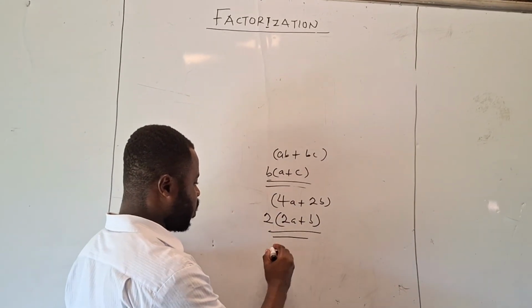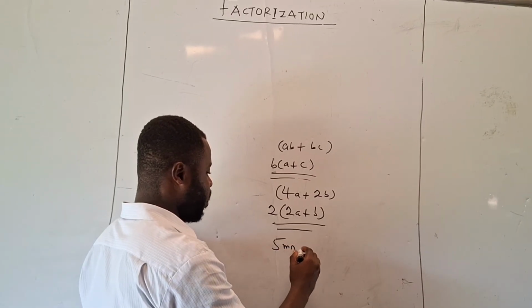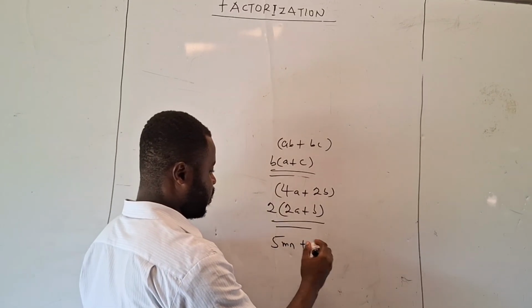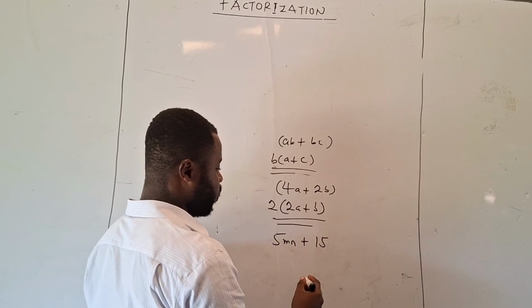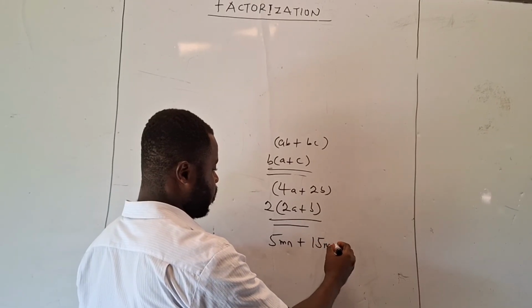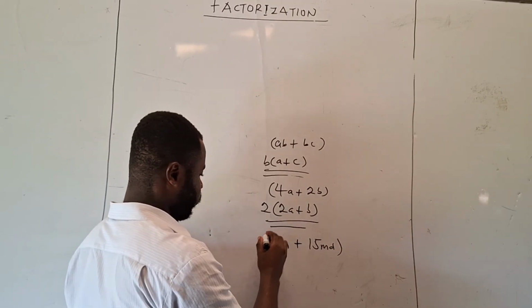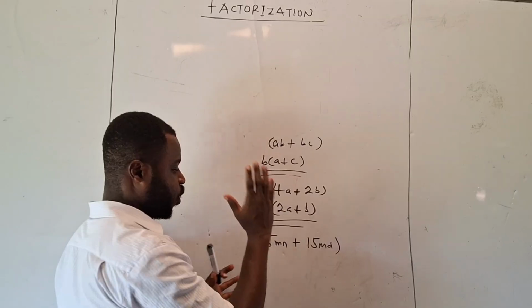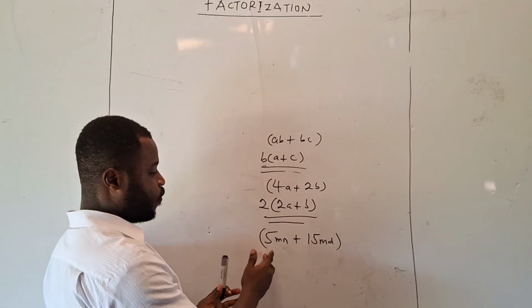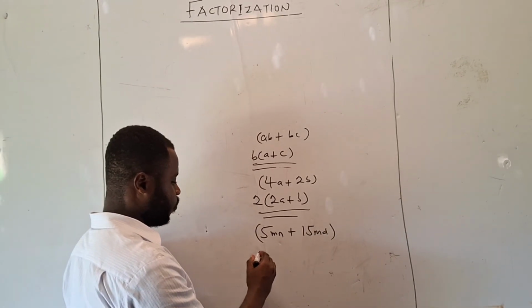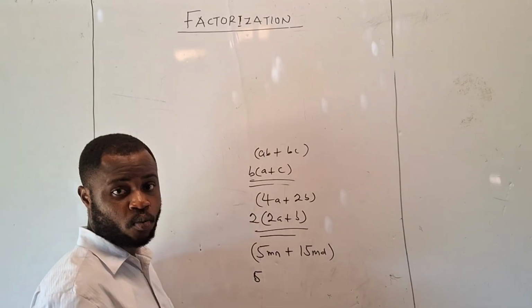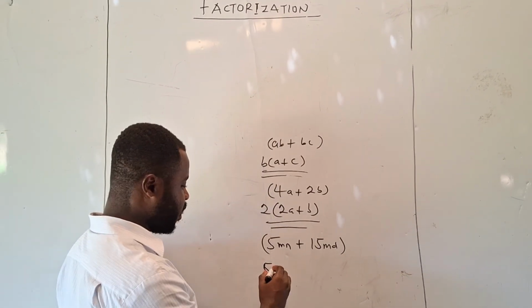Now another example is you can have 5mn plus, let's say, 15md. When you look at these expressions, the highest common factor for 5 and 15 is going to be 5. Now when you look at the letters, do you have a common factor? Yes, that is the m.